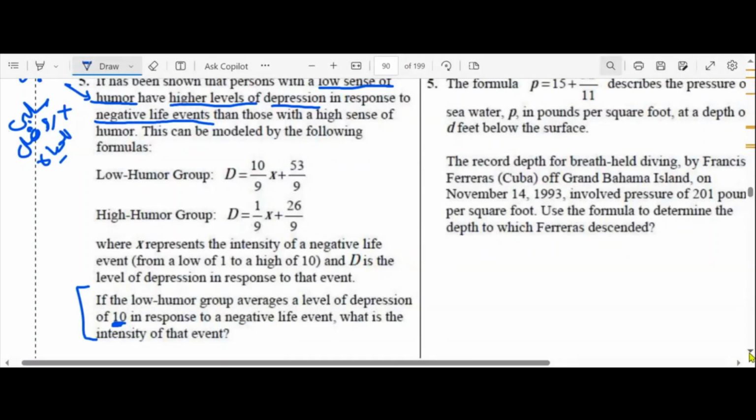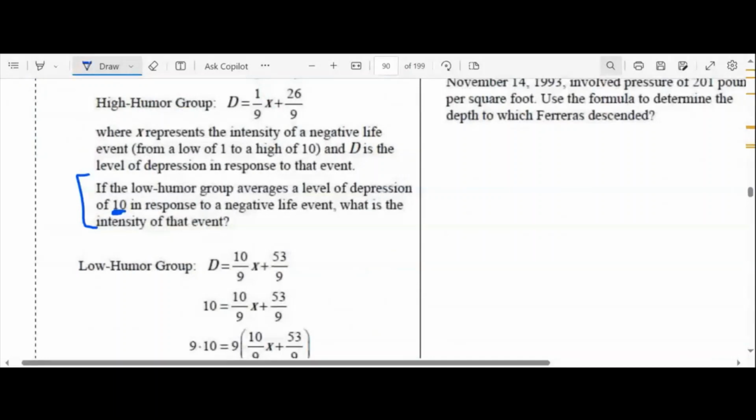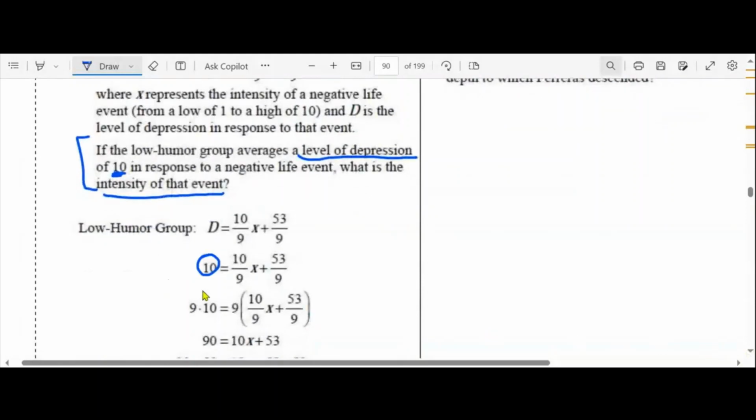He said here, x is the intensity, not the level of depression. So he's looking for what? Intensity. So we are looking for x. In this case, how much is D? D is 10. So we put 10 here. And we need to find how much x is, correct?